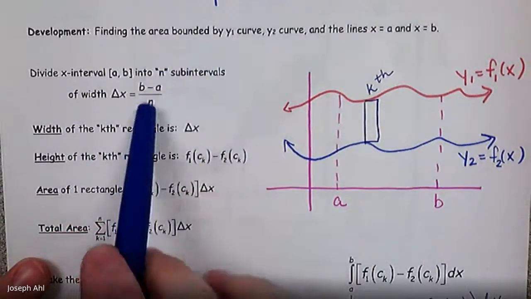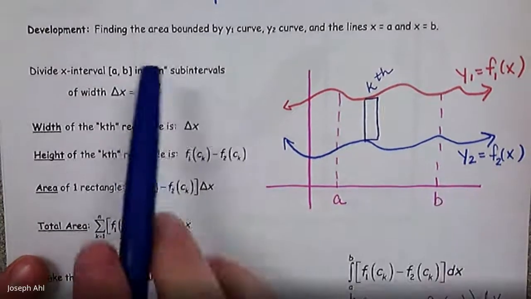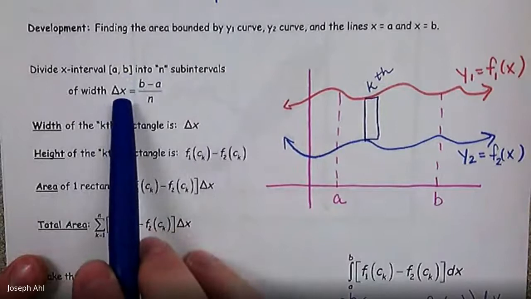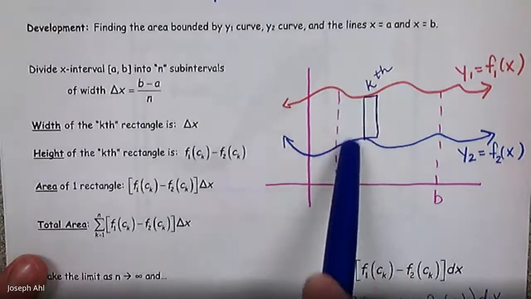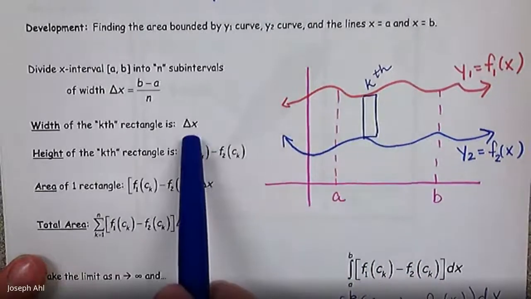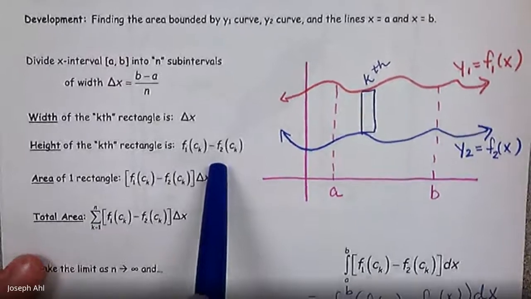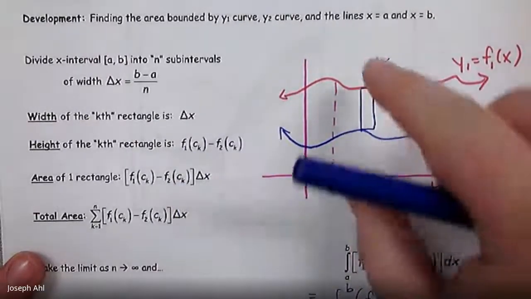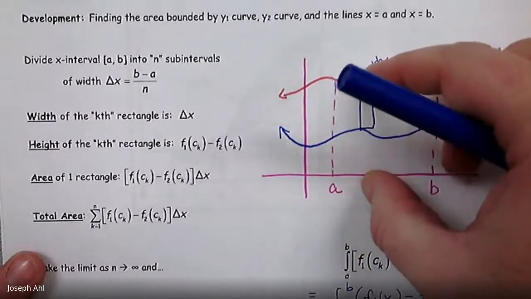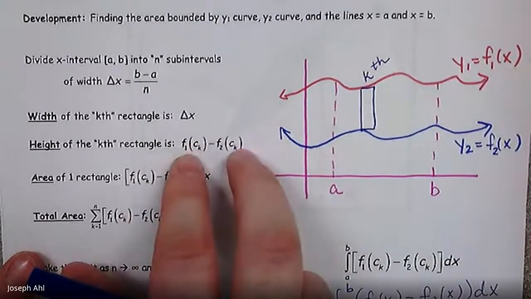So of course we're going to divide x into subintervals. Okay, n subintervals. So we're going to take this b minus a length and divide by n, such that that would be the width of each rectangle, delta x. The width of the kth rectangle, somewhere along the interval, would just be delta x. The height of the rectangle at that value, x sub k, would be f1 minus f2 of c sub k.